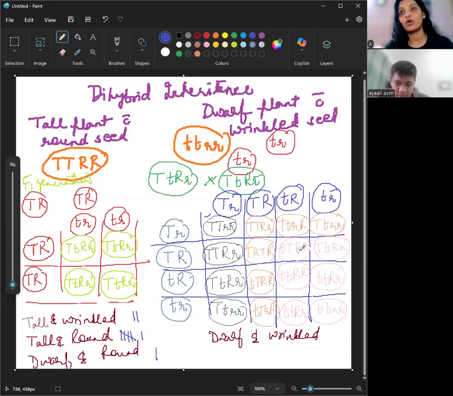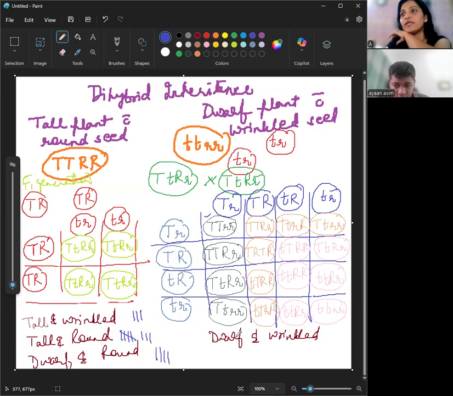Next tall and round. Next dwarf and round. Next dwarf and round. Next tall and wrinkled. Next tall and round. Next dwarf and round. And dwarf and wrinkled. I think this is somewhat wrong.